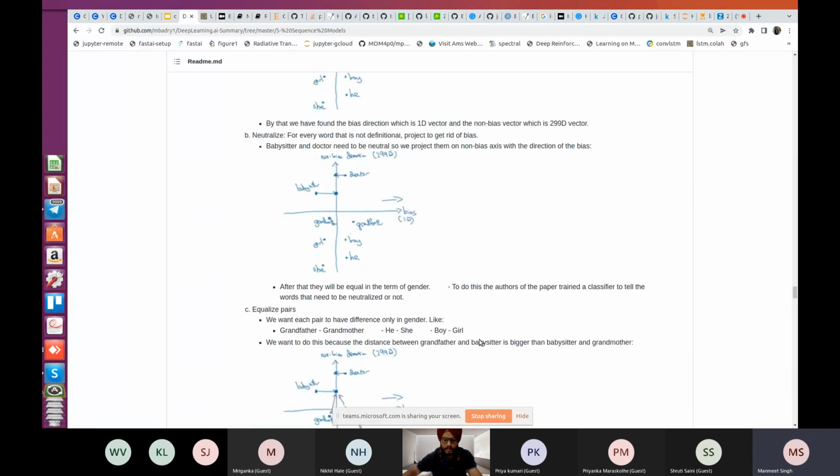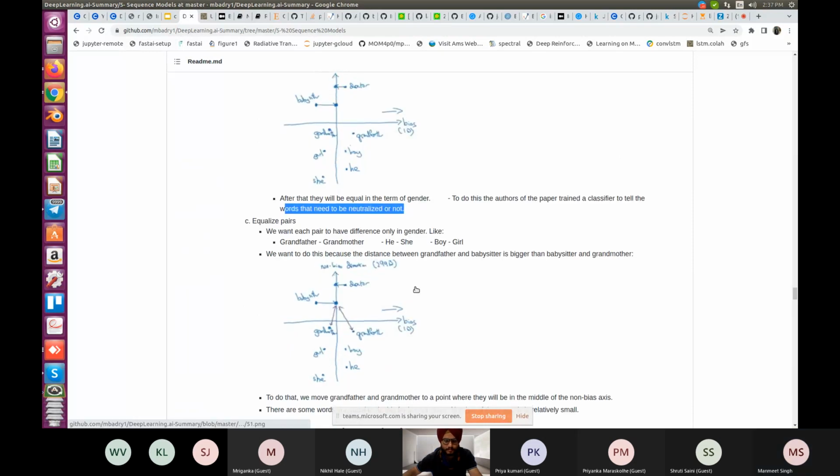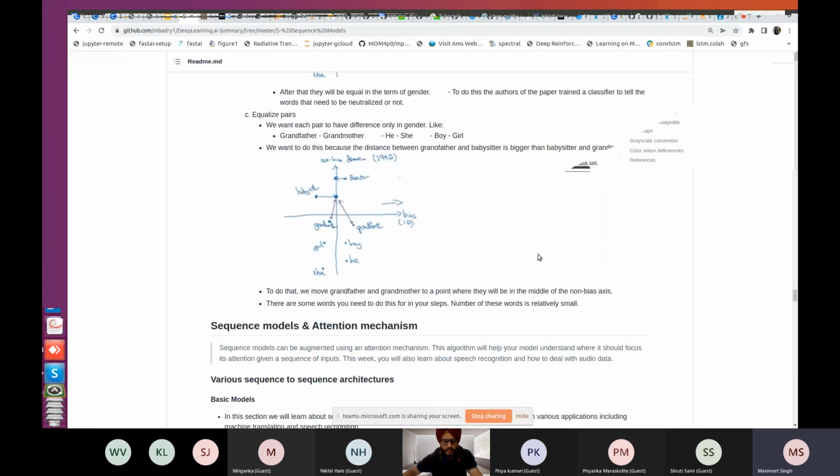To do this, the authors of the paper train a classifier to tell which words need to be neutralized or not. Now, you also sometimes have to equalize the pairs. We want each pair to differ only in gender, like grandfather minus grandmother, he minus she, boy minus girl. We want to do this because the distance between grandfather and babysitter is bigger than between babysitter and grandmother.